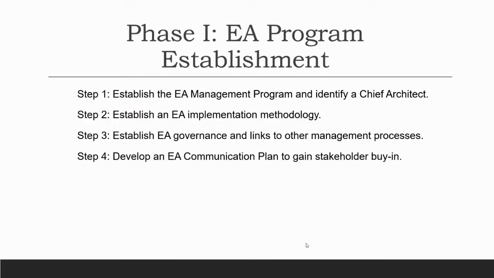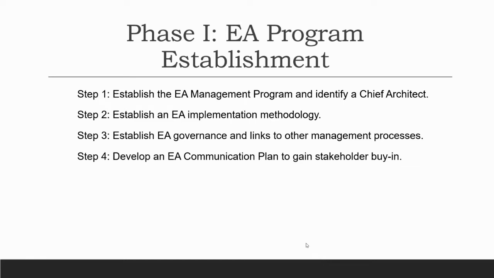Okay, now for phase one, we have the title EA program establishment. Phase one actions are intended to kickstart the EA program. We have to identify key participants and convey the EA implementation plan to the executive sponsor and other stakeholders to secure buy-in and support.